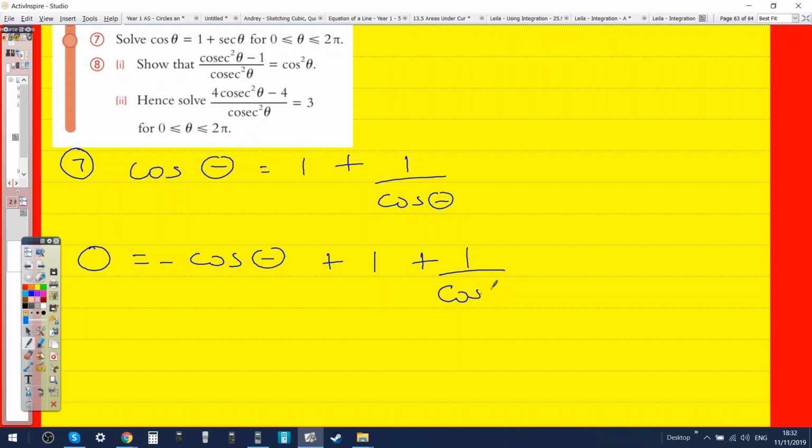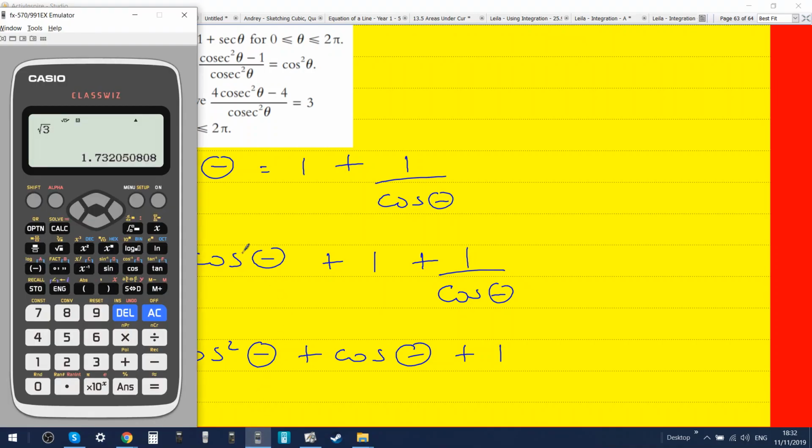So you get cos theta plus 1 minus cos squared theta equals 0. And then you have a quadratic there. Yeah. And you can put that into your solver. You get 2 answers, and you go from there.